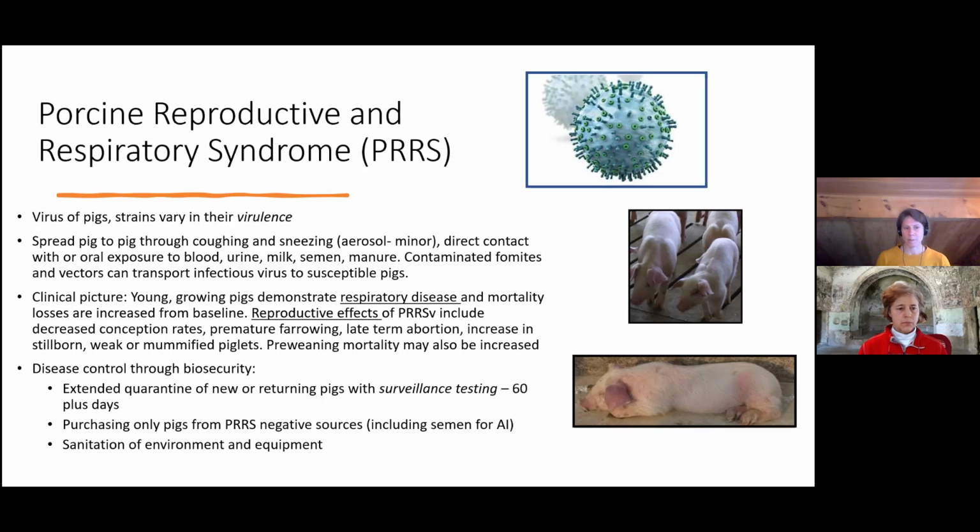Additionally, if you purchase pigs from a herd source that is known to be PRRS negative, if they conduct routine surveillance on their herd and are maintaining a PRRS negative herd, that would be a low risk group to purchase pigs from. And then, of course, sanitation of the environment and any equipment that you may use with a group of pigs showing you respiratory disease is going to help prevent spreading PRRS within your herd if it's already been identified.